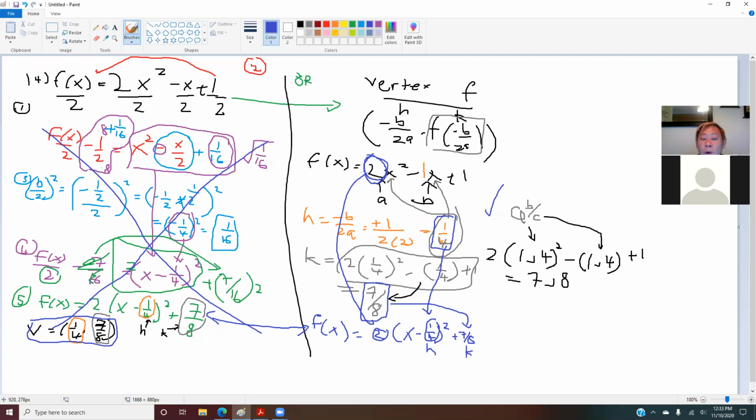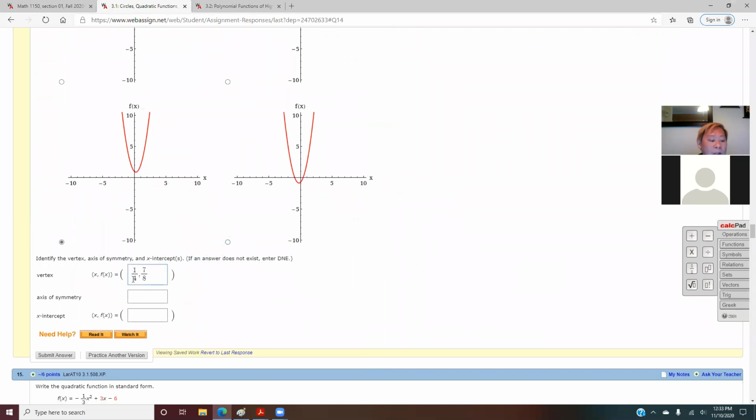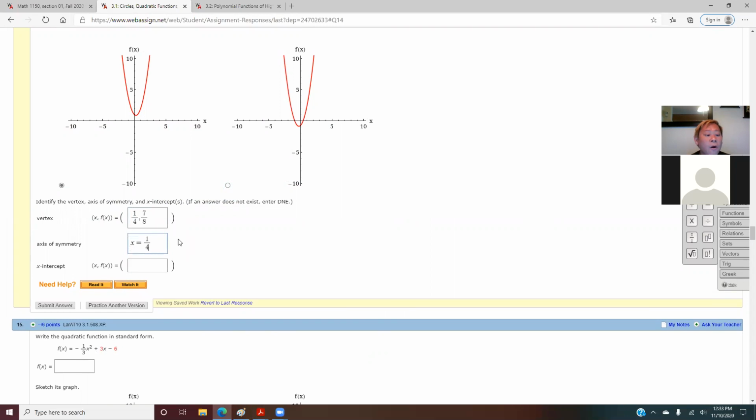So a comes from the question, h comes from the negative b over 2a you get, and k comes from this calculated value that you get. And that's how you get your standard form here. Okay. Axis of symmetry is x equals 1 over 4, which is this h. Again, class, in your finals, if you just give me 1 over 4, same thing in your homework, they will mark you wrong. So make sure you give me x equals 1 over 4.